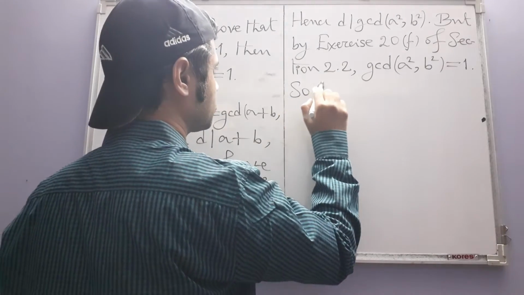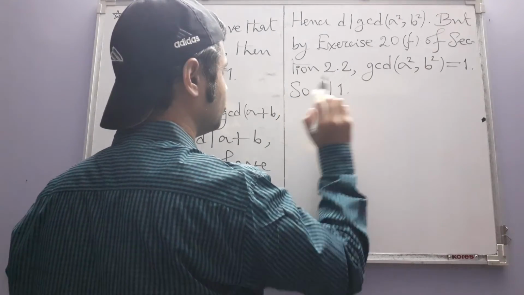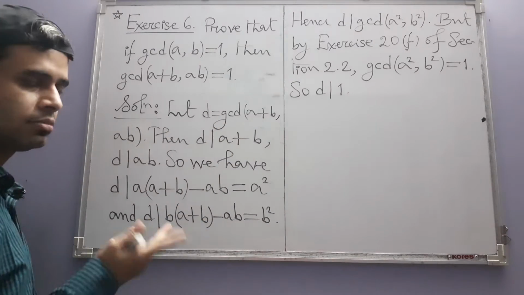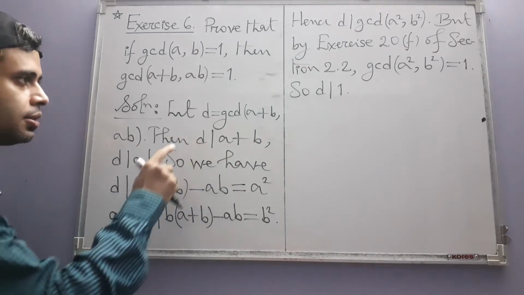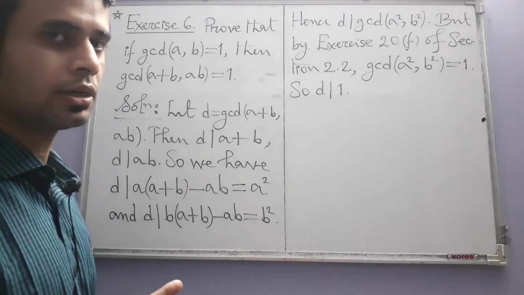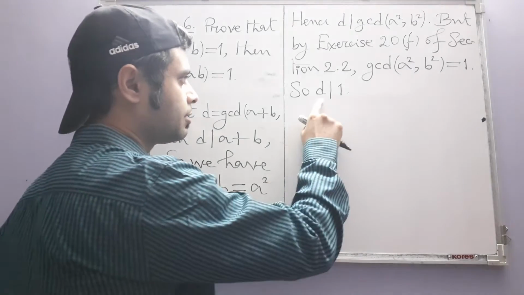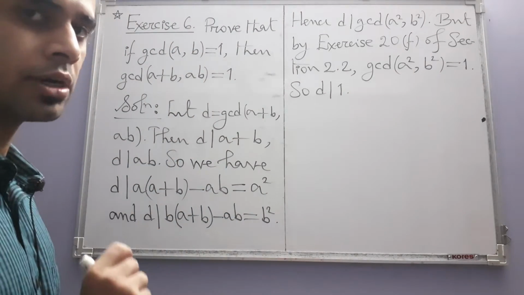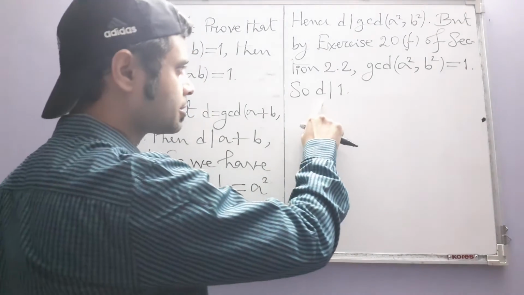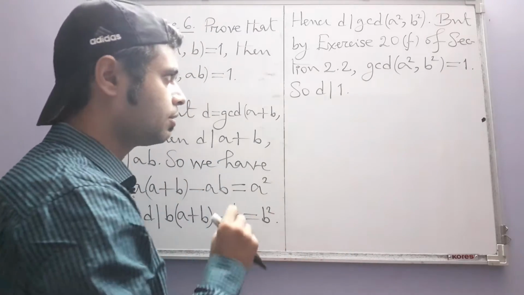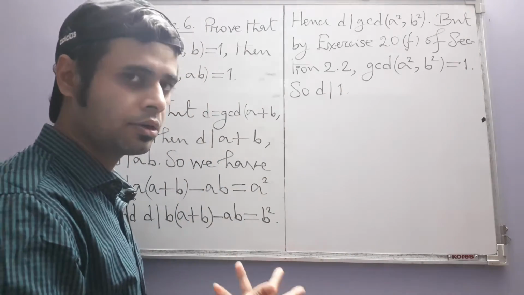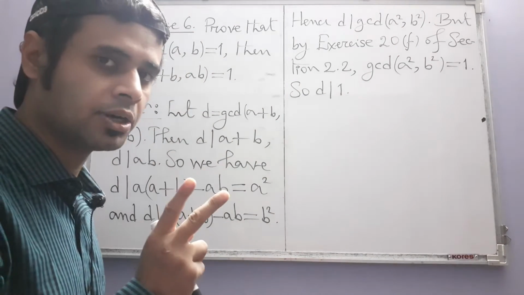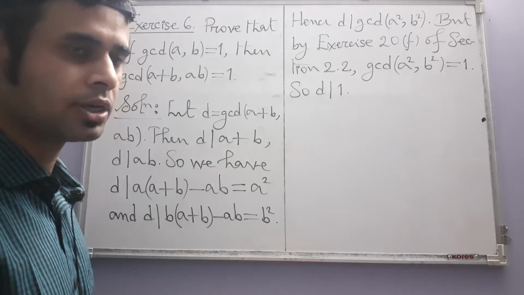So D divides 1. But D is the GCD of some integers, so by definition D is a positive integer. And when you combine that with this divisibility relation, you get the conclusion that D has to be equal to 1. Because if we don't say anything about the sign of D, say D is any non-zero integer that divides 1, then there are two possibilities. D can be minus 1 or plus 1.